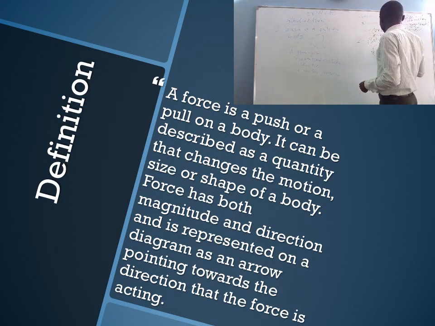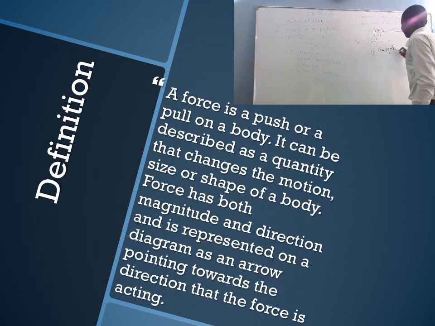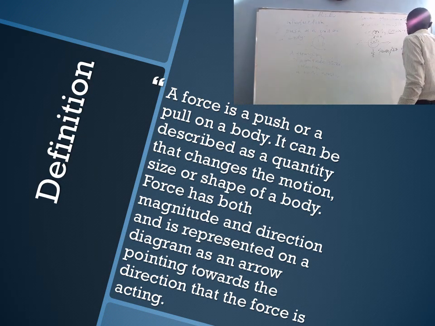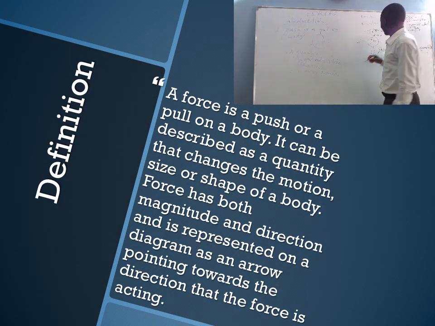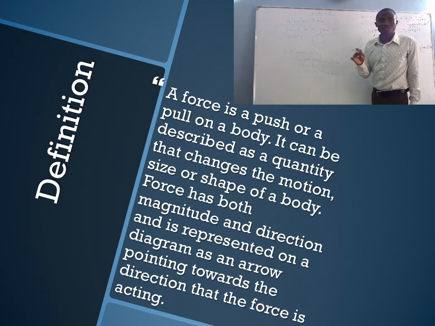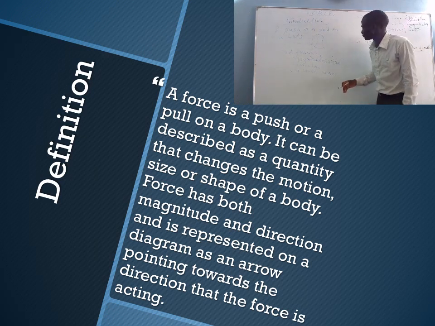Examples of scalar quantities include, one, density. The density of an object only describes the magnitude of that quantity, but not the direction.